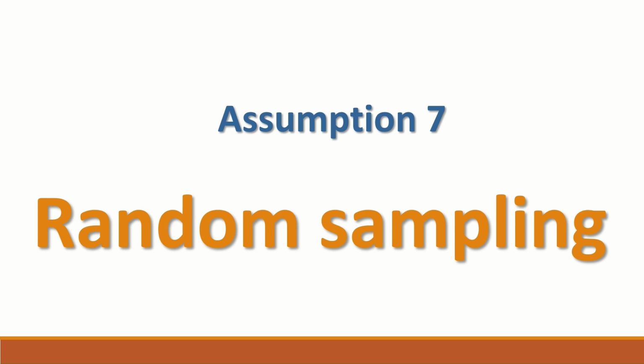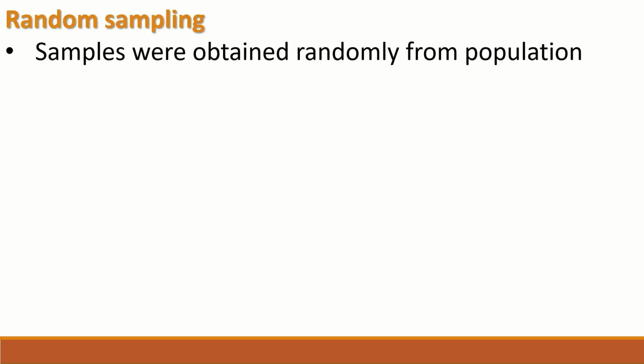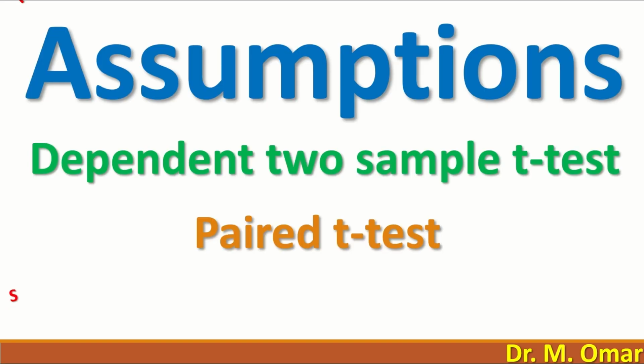The last assumption that has to be met prior to performing the unpaired t-test is random sampling, which means that the samples are obtained randomly from the population. So those are the 7 most important assumptions that have to be met to perform the student t-test, the unpaired student t-test.